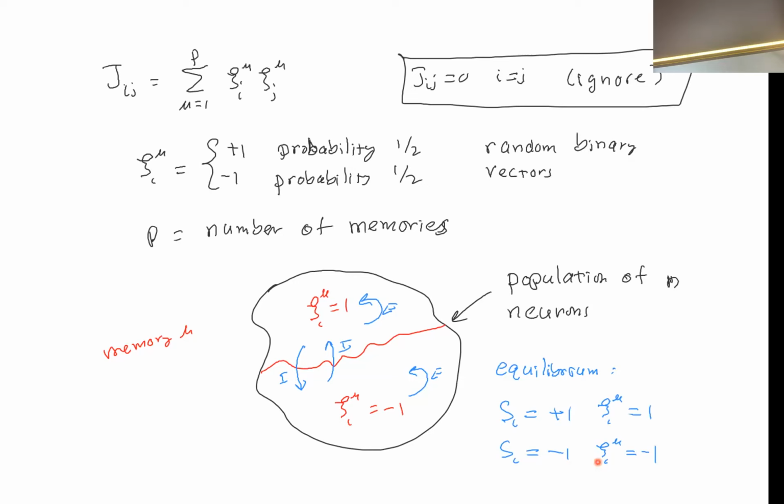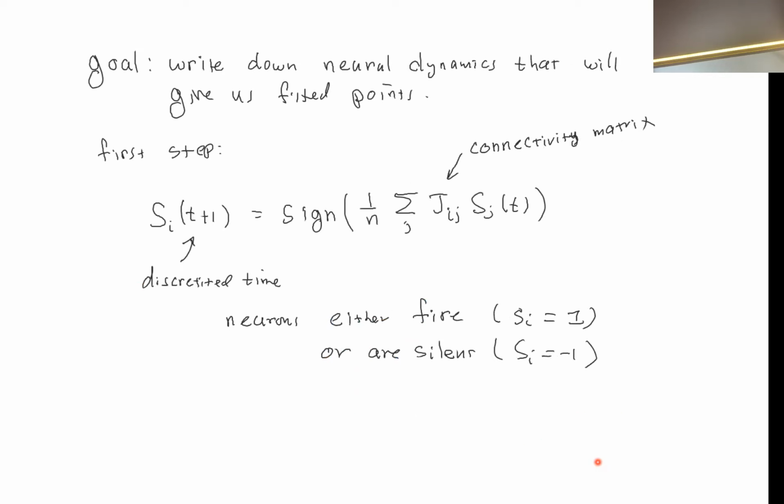Okay, so we'll go back to our equations, which look like this. So we're going to rewrite those. SI(t+1) equals sine of 1/n.